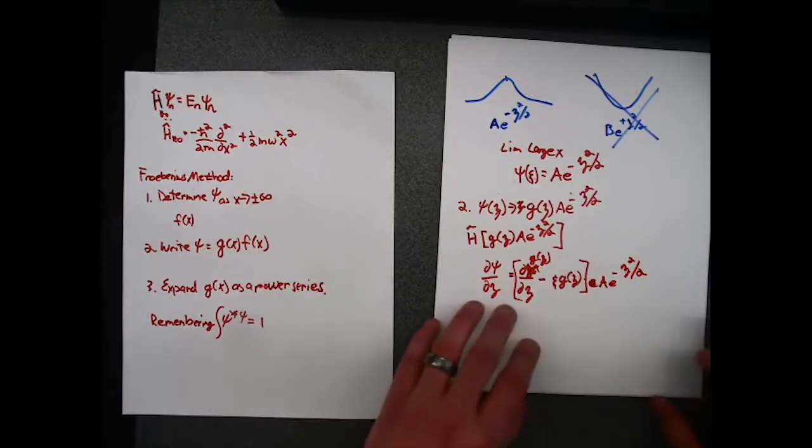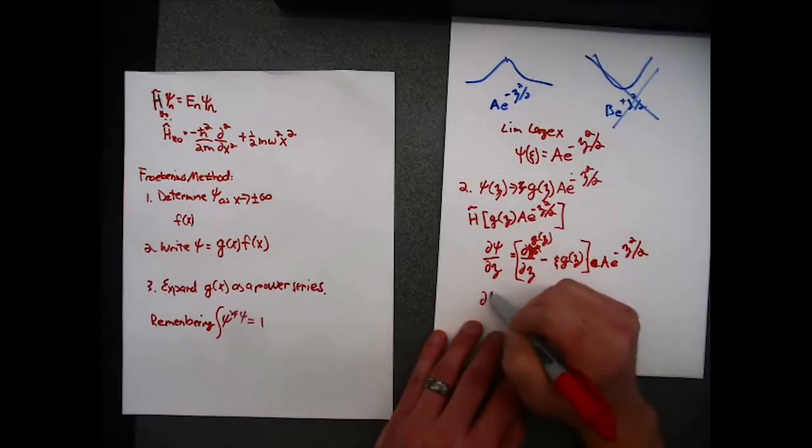Okay, and we can take the second derivative of that as well. So we look at the second derivative, d squared psi by dc squared.